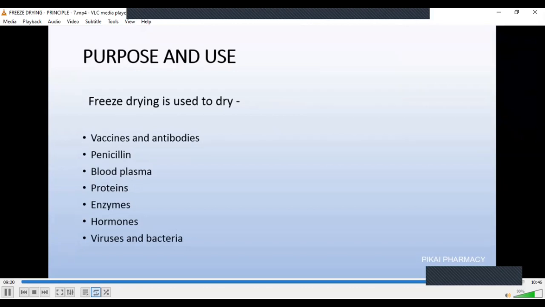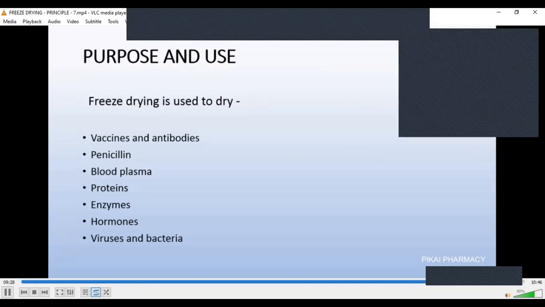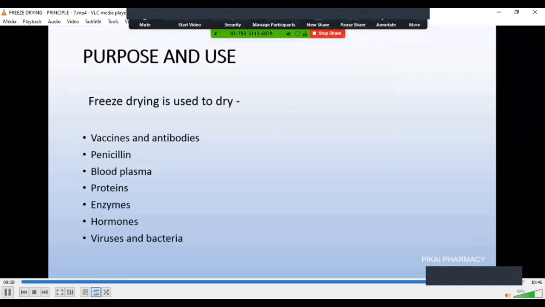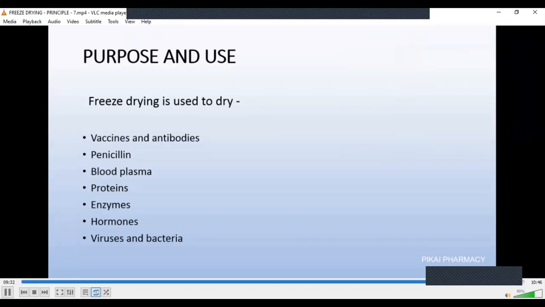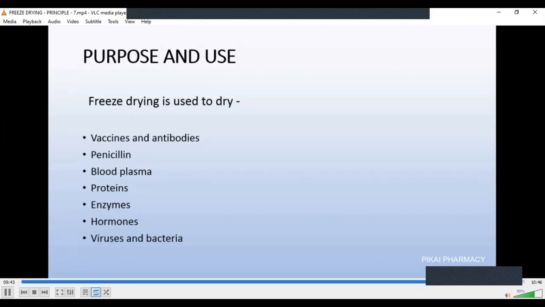What happens is that there are certain substances, some drugs, some biological products which are very heat sensitive. That means at higher temperature, these substances, these drugs, these biological products will degrade and we will lose their quality. So what we can do, we can freeze dry those things and still attain the same goal.